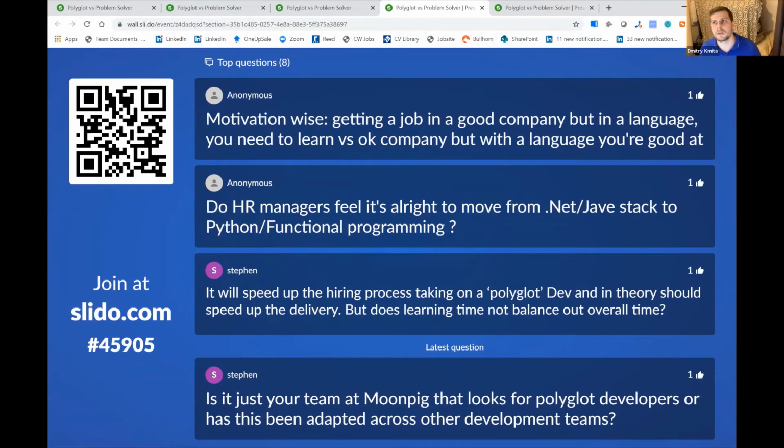Again, it's very much up to the business and up to people. Making a change in a company is usually a very rare thing. Usually when a company picks a language, they stick to it till whenever. There are probably only few companies that have completely changed languages, and there are a lot of reasons for that.